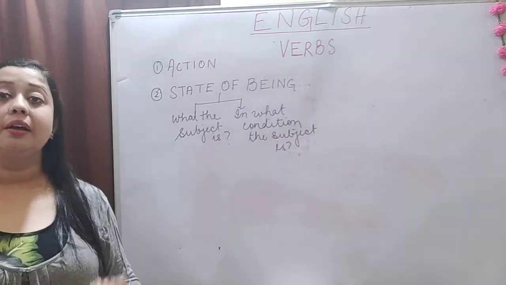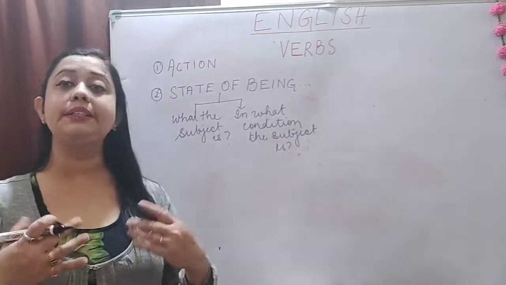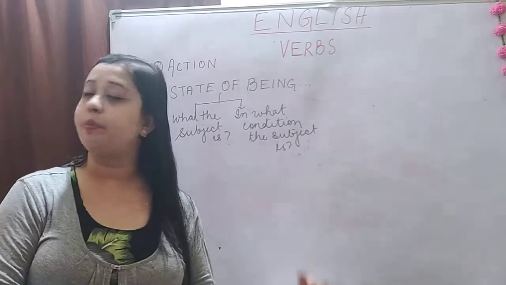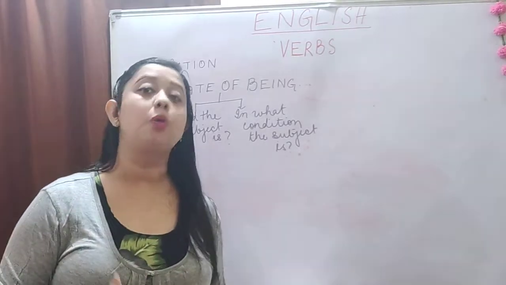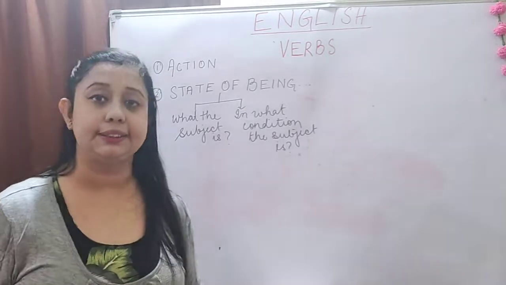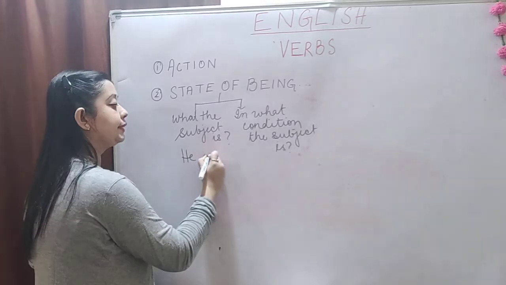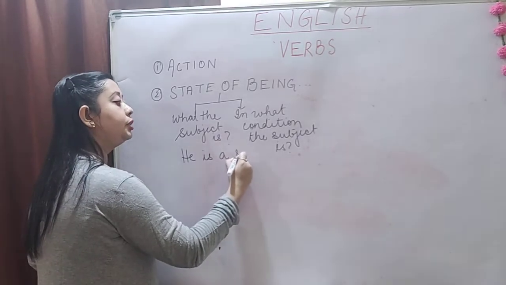Now, what does it mean? First of all, what the subject is. Subject means the topic about which we are talking, the noun or the pronoun is the subject of the sentence. So, say for example, he is a student.